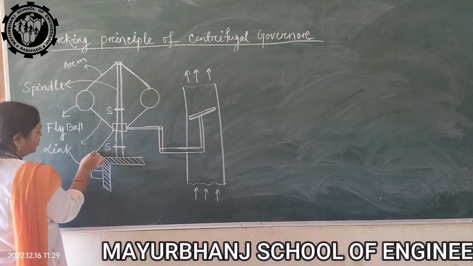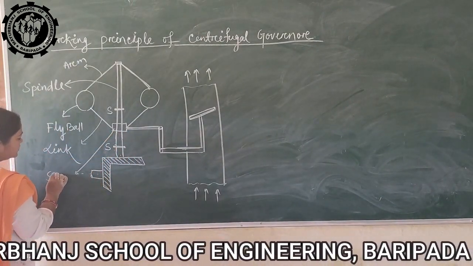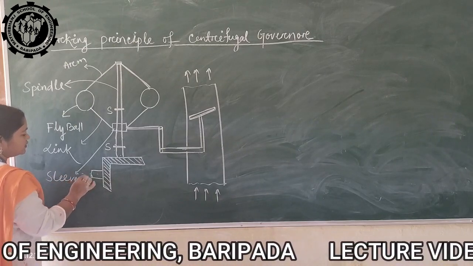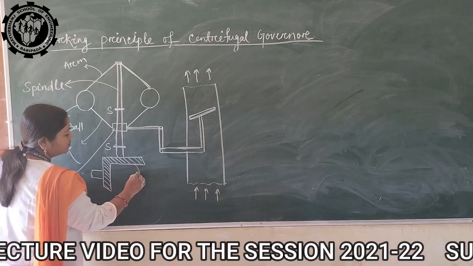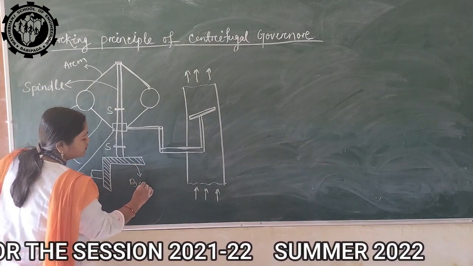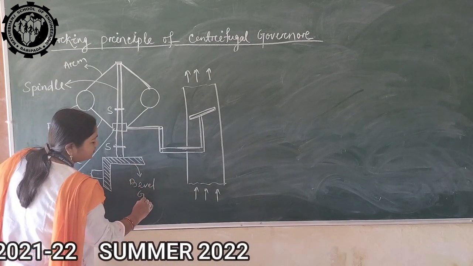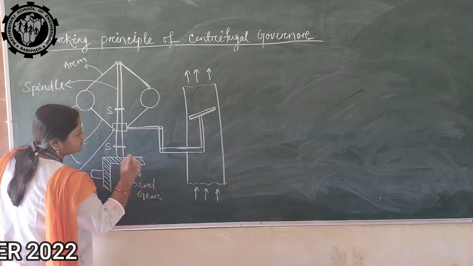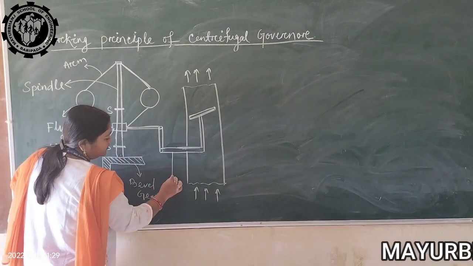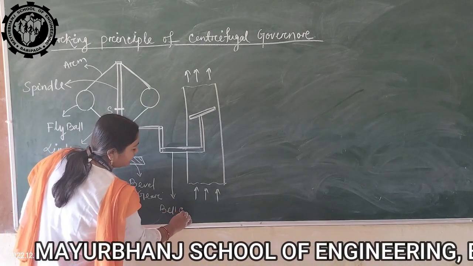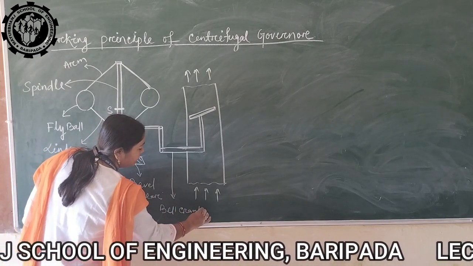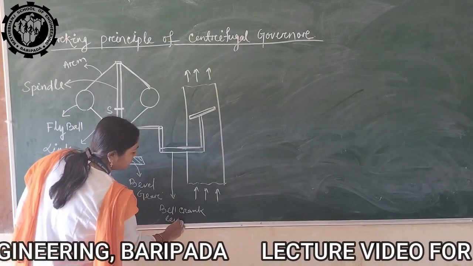This block is known as sleeve. This one is your bevel gear. Then this one is the bell crank lever.